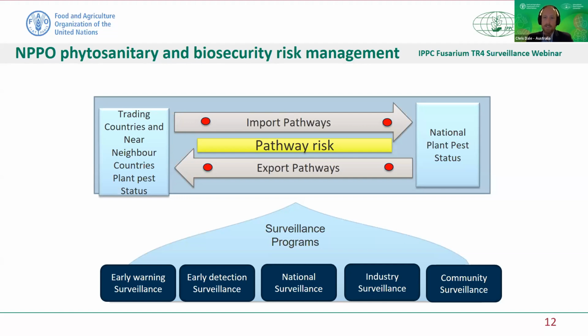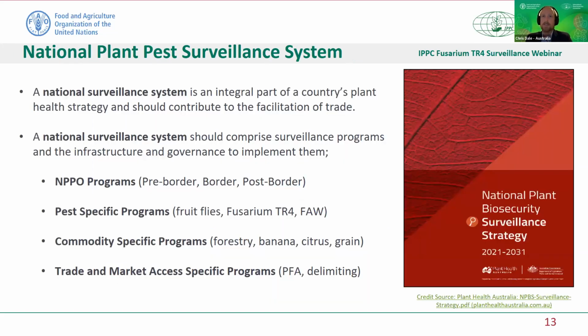So when we look at national surveillance programs, there are essentially 5 different components that we look at. So early warning or pre-border surveillance, early detection, national surveillance, and as we move more into the concept of general surveillance, we're now relying more and more on industry or commercial stakeholder surveillance, and also community surveillance through different technologies and different opportunities. Next slide, please.